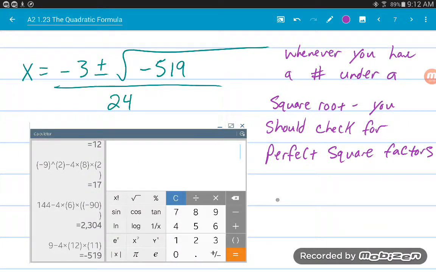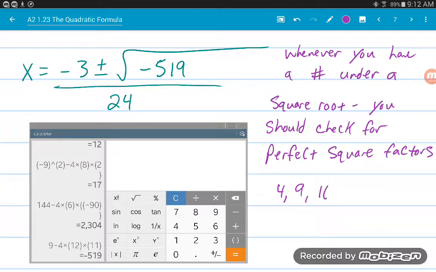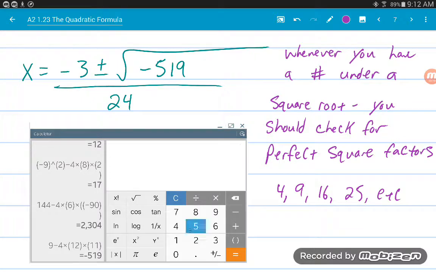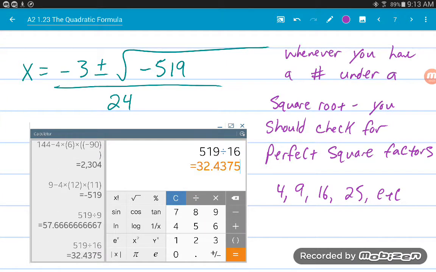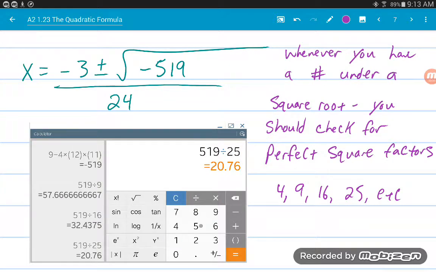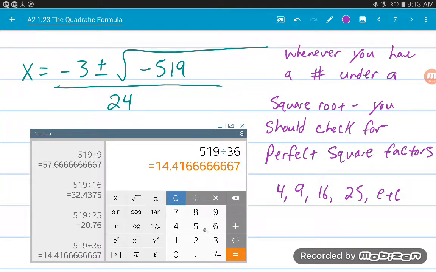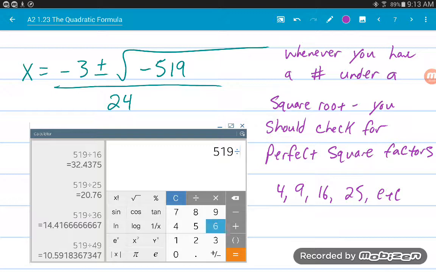Remember that the perfect squares are like 4, 9, 16, 25, etc. I'm just going to test some of them until I'm confident that there are no factors, or maybe there are. 519 divided by 9. Nope. 519 divided by 16. Well, that's even, so I know it's not going to work out. 519 divided by 25. 519 divided by 36. 519 divided by 49. 519 divided by 64.